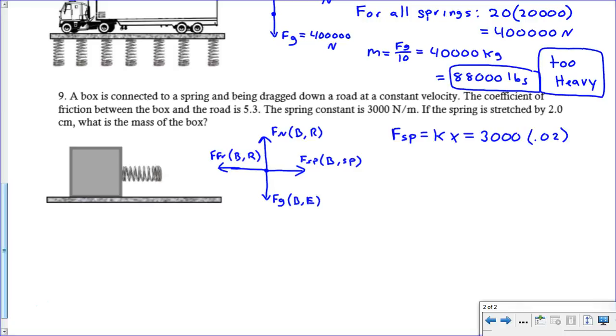When you do that, you should get 60. So this gives us the spring force that's equal to 60 newtons. That means that the friction force here is also equal to 60 newtons.